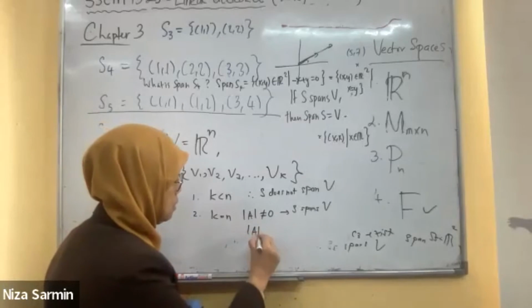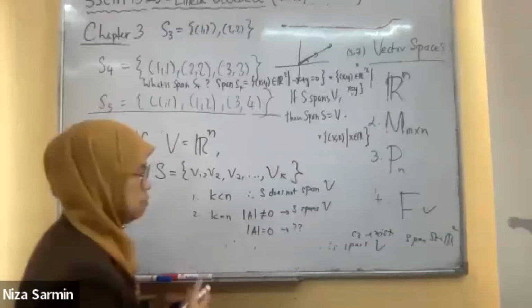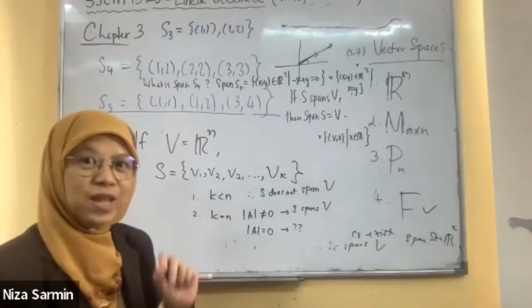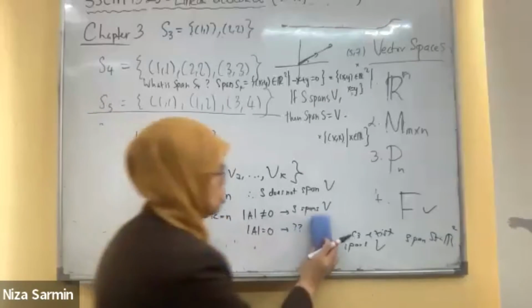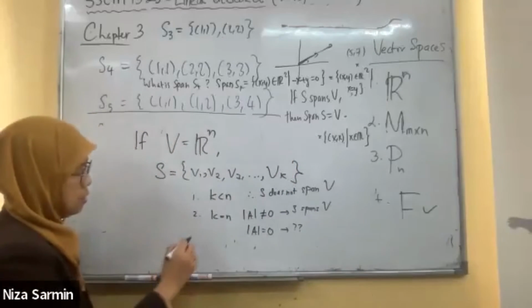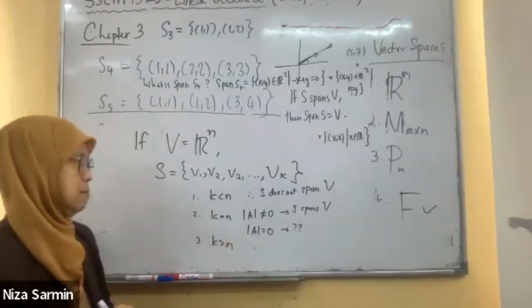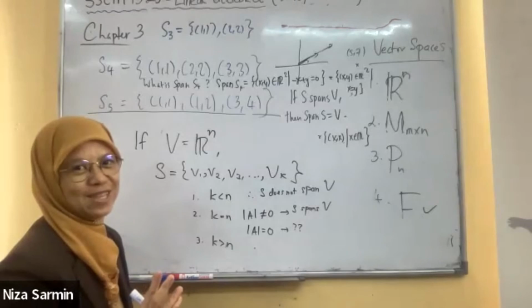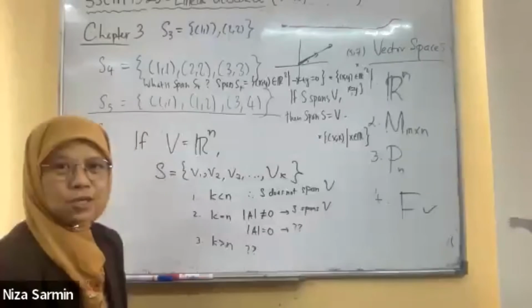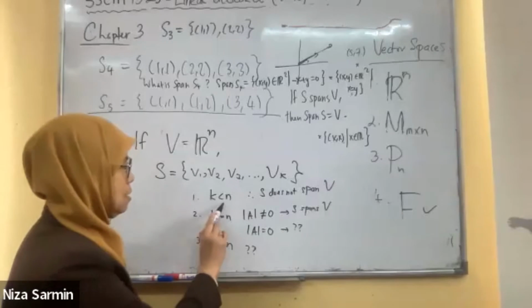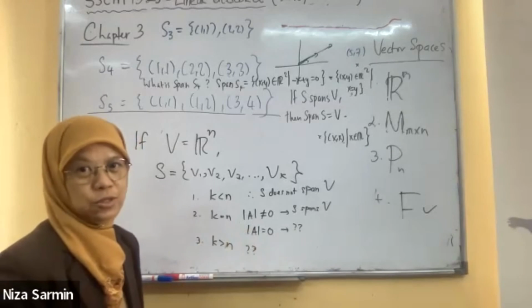If the determinant is 0, we don't know, because it can be infinite solutions or no solution, so you have to follow and use Gauss. The third one, when k is bigger than n, it can be both. Like I have shown you before, we don't know. So the easiest way is number 1 and number 2 when the determinant is not 0.